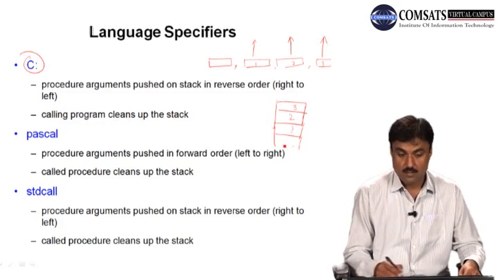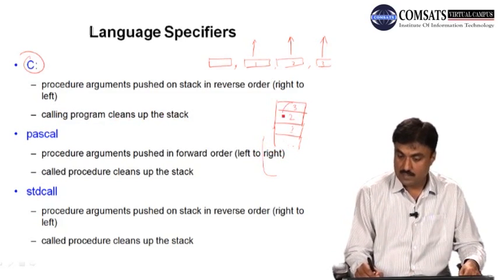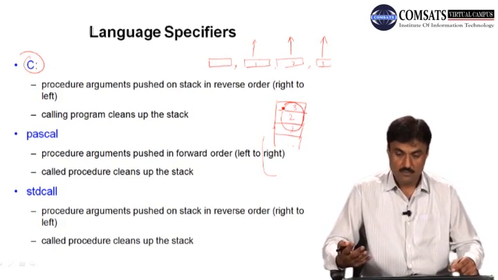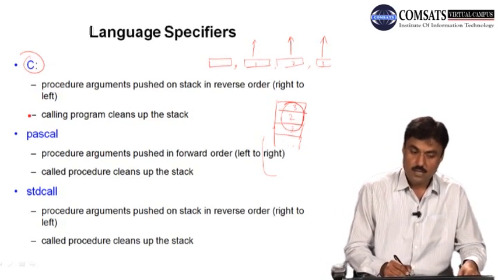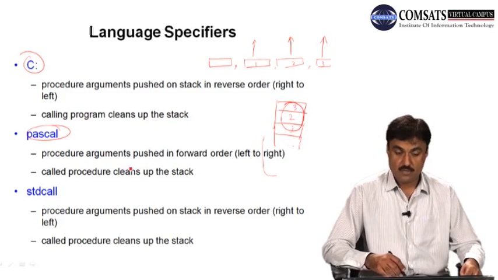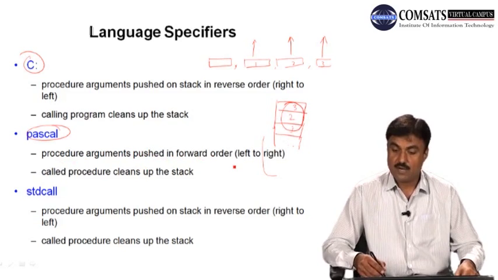So when we are exiting from this procedure, this area, which is being used for storing these arguments, must be cleaned. On the other hand, if you use the Pascal language specifier, the procedure arguments are pushed in the forward order, or from left to right.